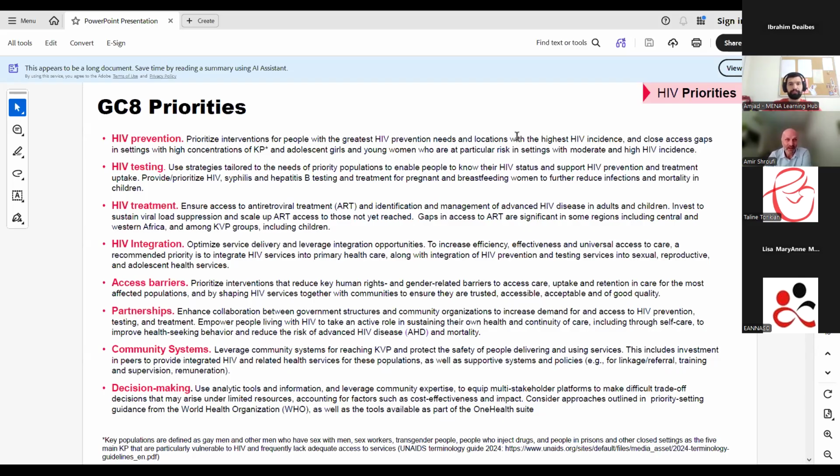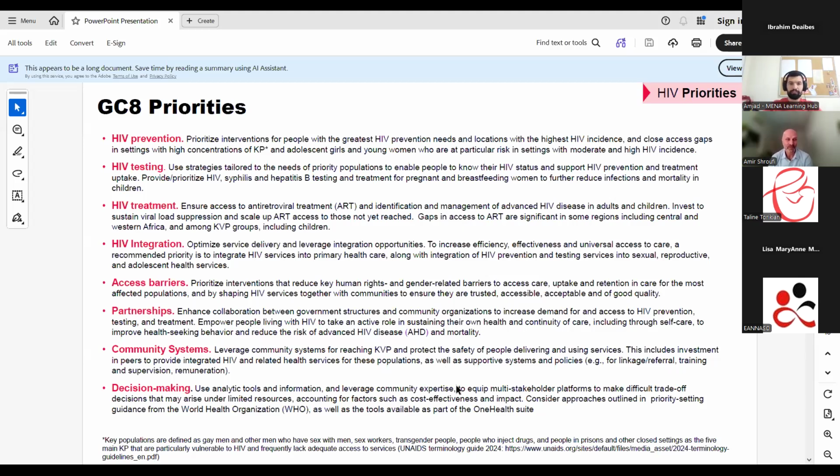So access barriers. You'll be very familiar with this. This continues to be a key consideration of Global Fund in terms of the support it gives to countries and the way it looks at funding requests. But of course, in the HIV team, we fundamentally understand and appreciate the need to address the disproportionate barriers that exist, often for the very people who have the most need for those services.